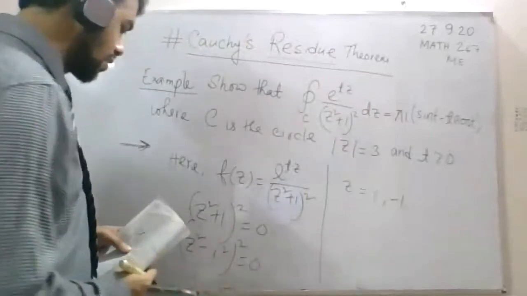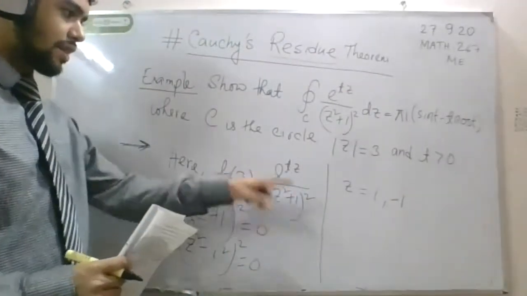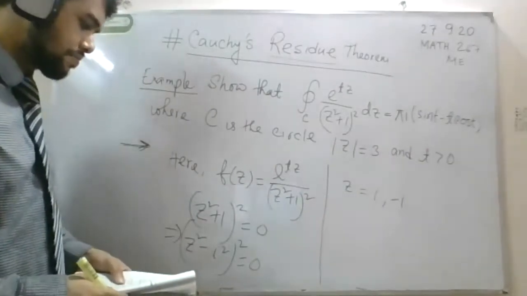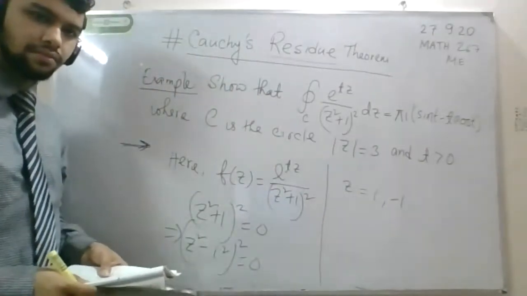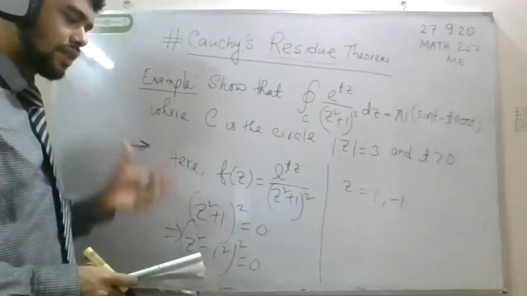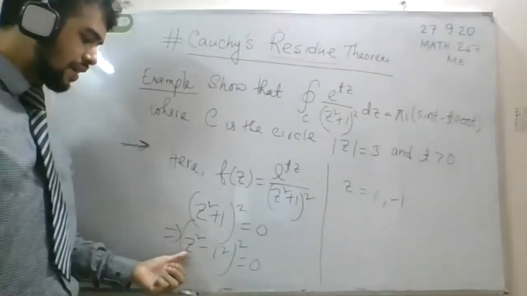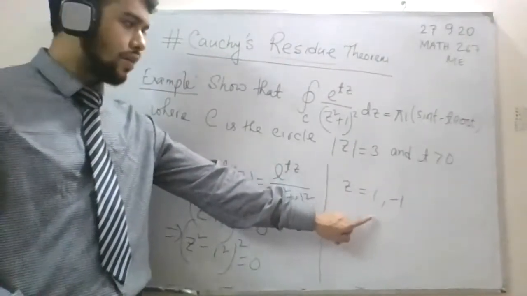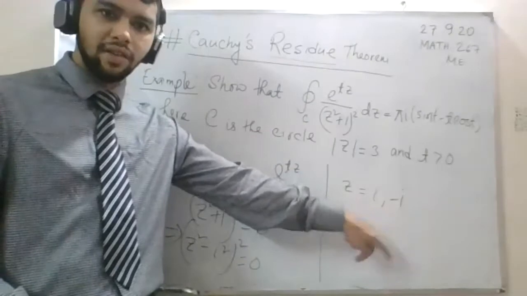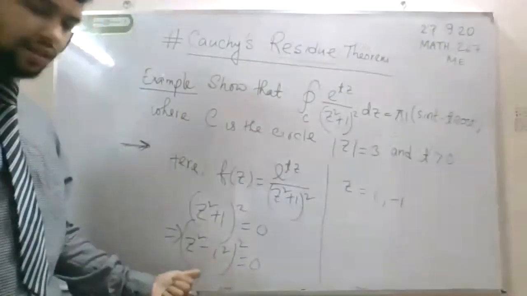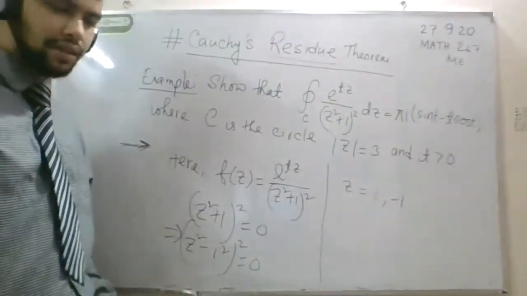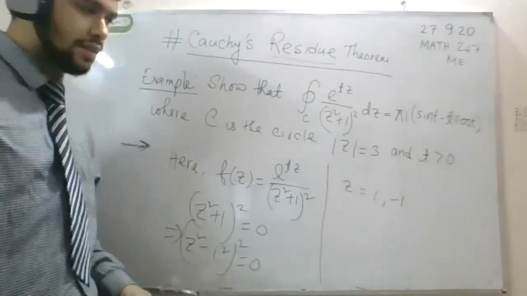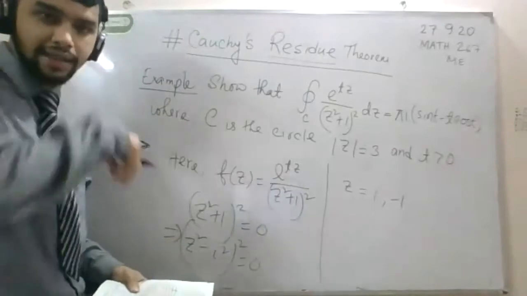So is it a double pole or a simple pole? Double pole, because we can find i and also minus i, because the whole square was there. So from here you can say z is a double pole for i and minus i.